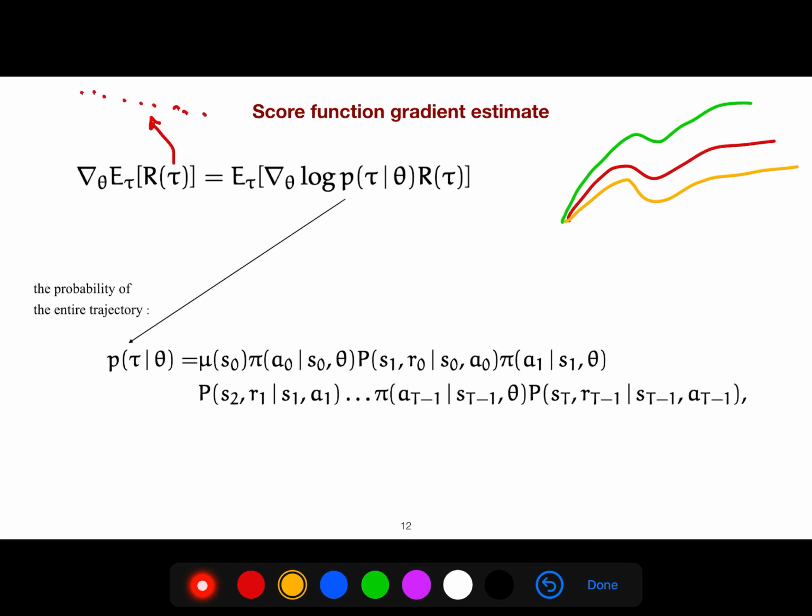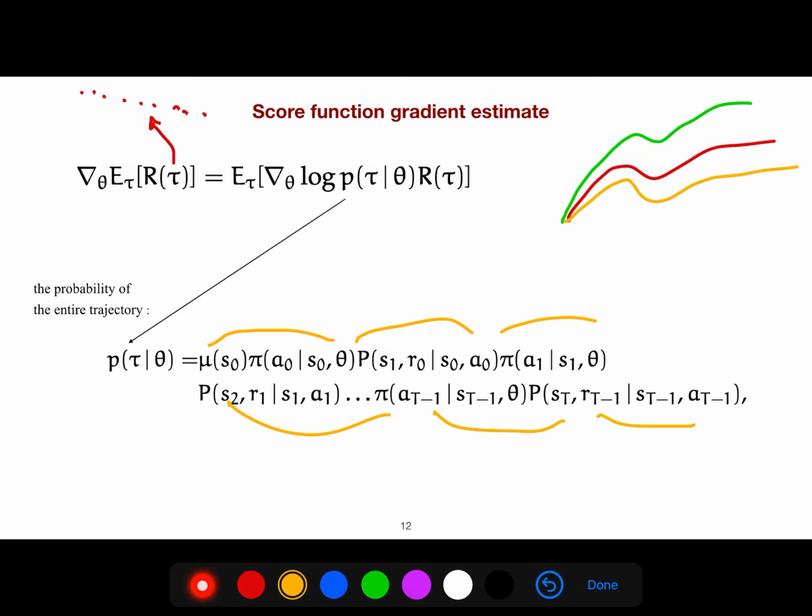The probability of the entire trajectory is the probability of tau given theta. It's a simple thing that depends on the structure, because they are independent, so you can multiply all of them.